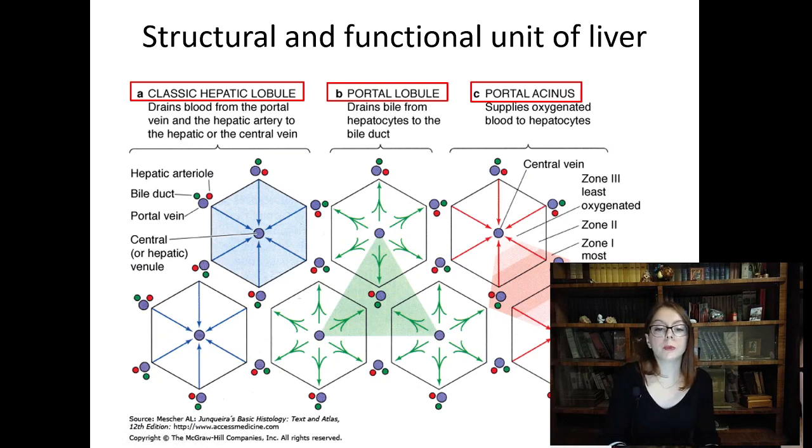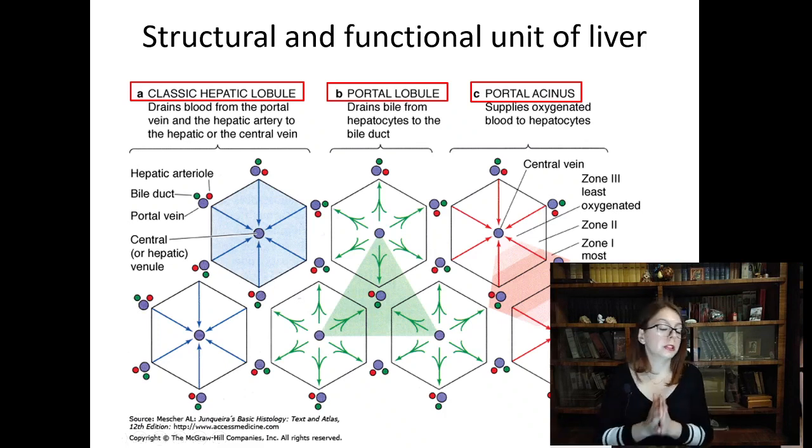So the portal acinus helps a pathologist to understand the different zones in the liver. They are not equal, and analyzing in what zone the damage takes place, they may suspect one or another pathology or exclude them. So the portal acinus has high clinical significance for pathologists.